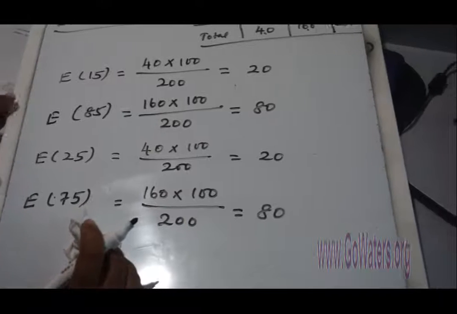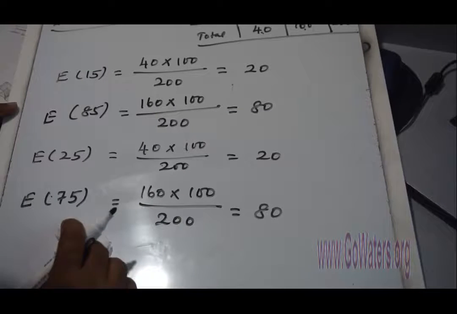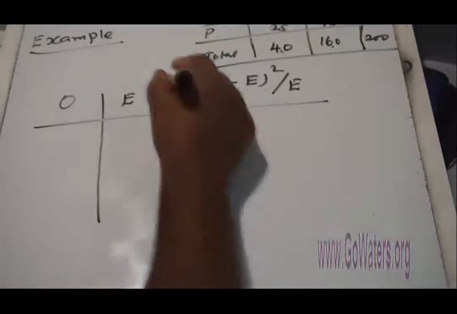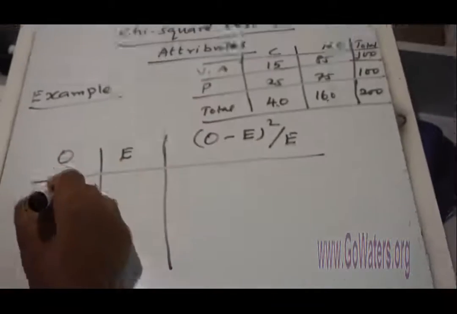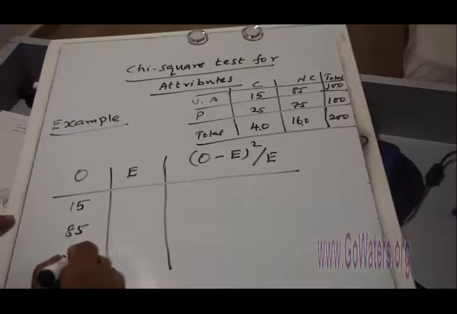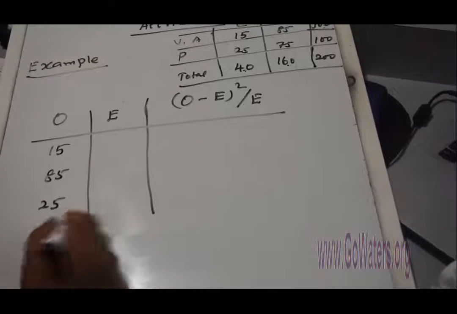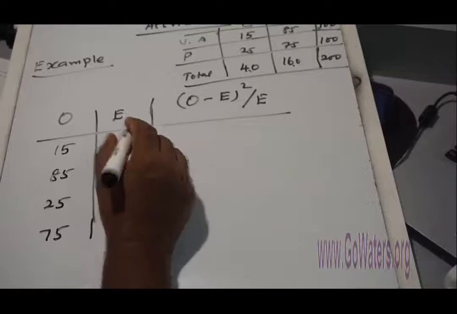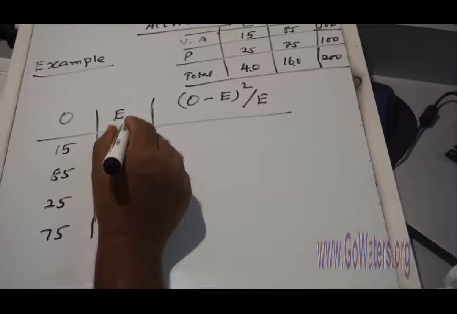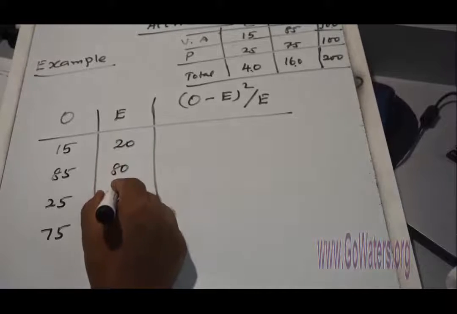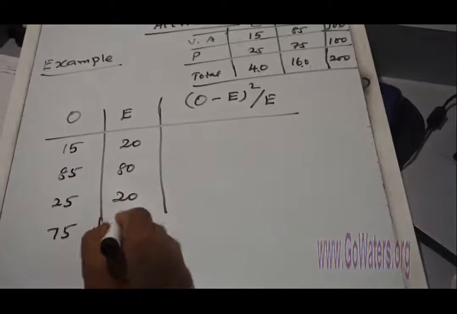Now I have to calculate the test statistic, (O minus E) squared divided by E. I'm going to do it in one step. The observed frequencies are 15, 85, 25, 75, and the corresponding expected frequencies are 20, 80, 20, 80.